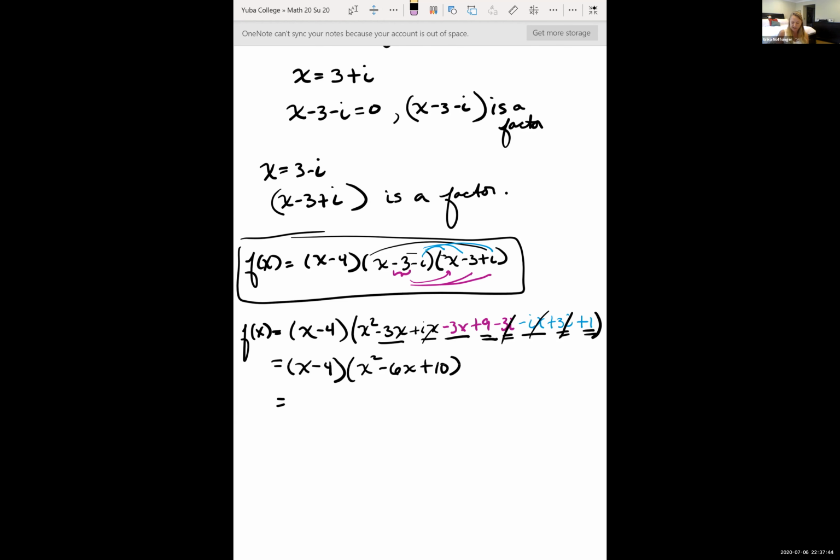Now let's distribute and rewrite this. Distributing our x to the x squared minus 6x plus 10, we get x cubed minus 6x squared plus 10x. Now distribute negative 4, so negative 4x squared plus 24x minus 40.